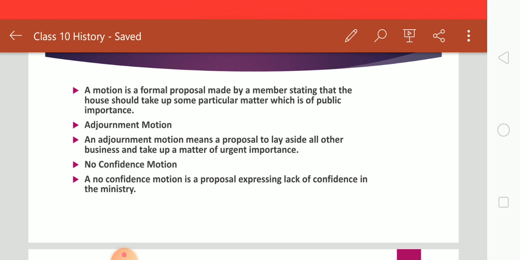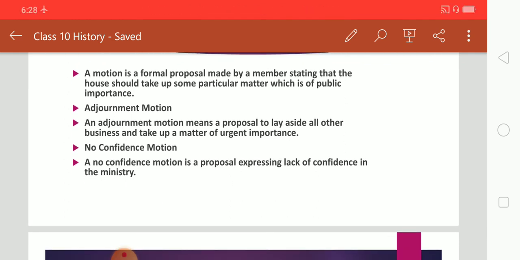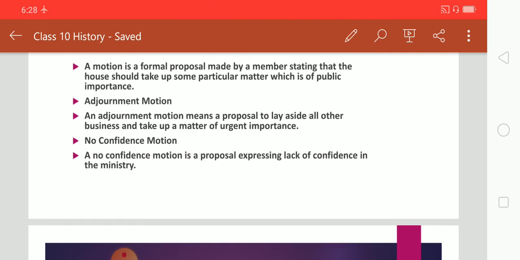Once the no confidence motion is accepted by the Speaker, he will give a date for conducting voting within the Lok Sabha. If the ruling party is not able to prove their majority, we can say that the no confidence motion is passed.